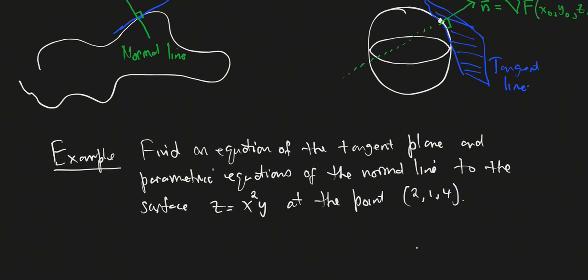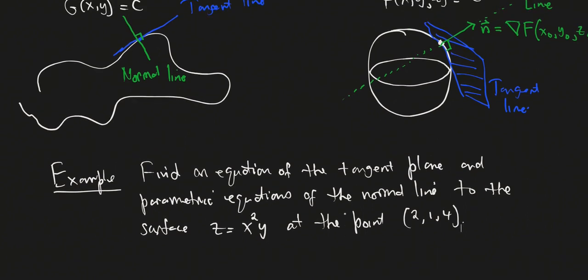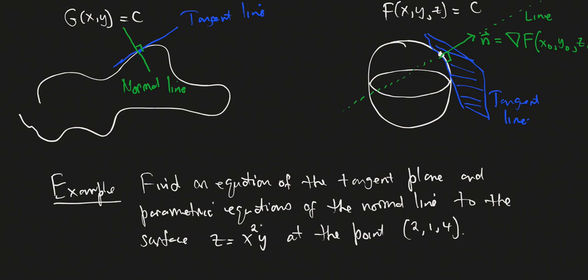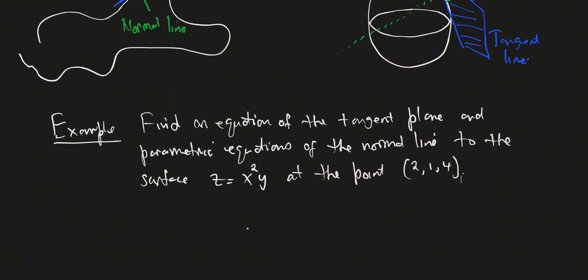Now, the only thing that's a little bit tricky, and this isn't even really tricky, but the only thing you have to be careful of is the fact, notice that in the example that I just wrote, the surface was defined explicitly, where we have z as a function of x and y, right? So let's make a note of that.